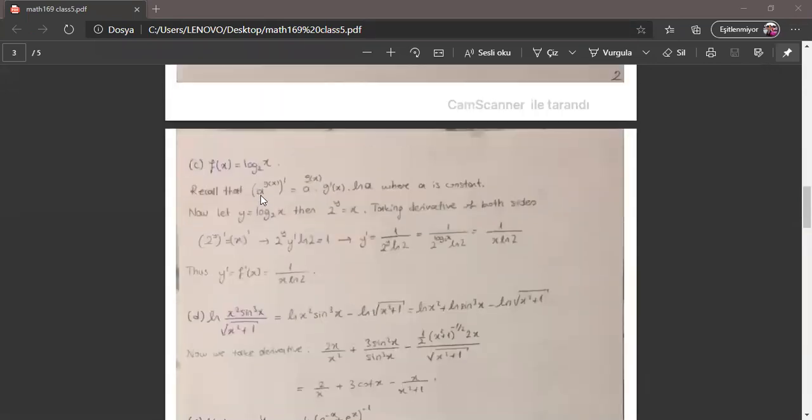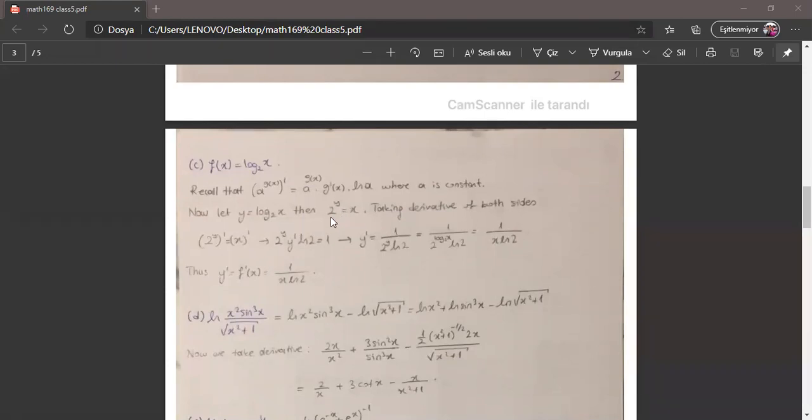But if we have some constant number a different than e, then we write the logarithmic function ln of a. So let's write this one in this form: y equals this. This is exactly equal to 2 to the y equals x.